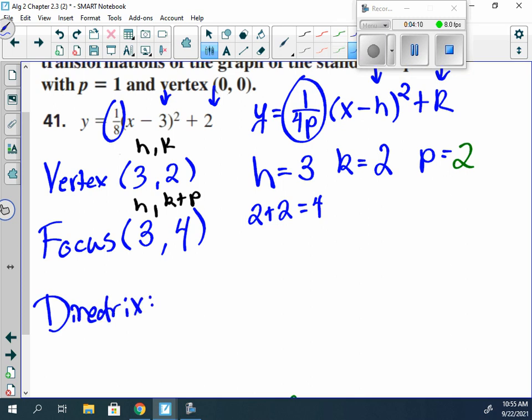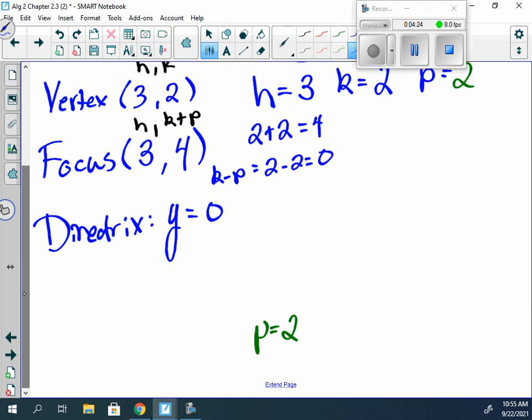The directrix is our y equals, well, this would be our k minus p, which would be 2 minus 2, which is 0. And last but not least is the axis of symmetry, which would be x is equal to 3, x is equal to h.